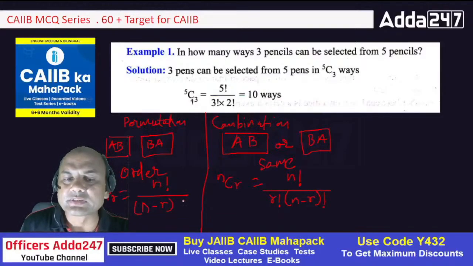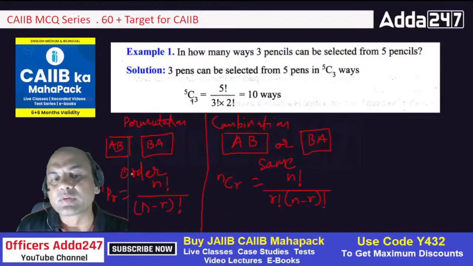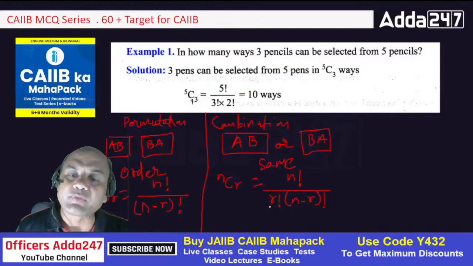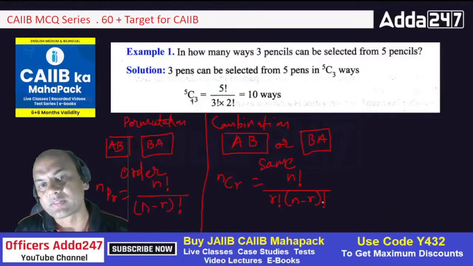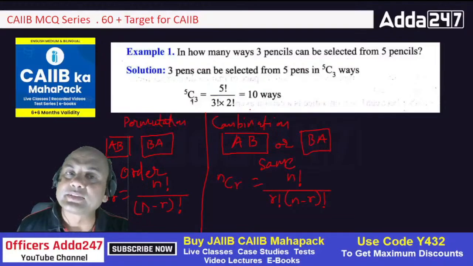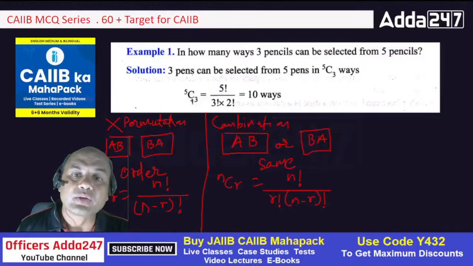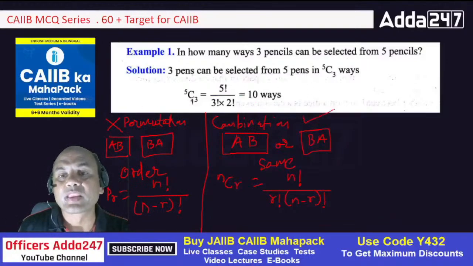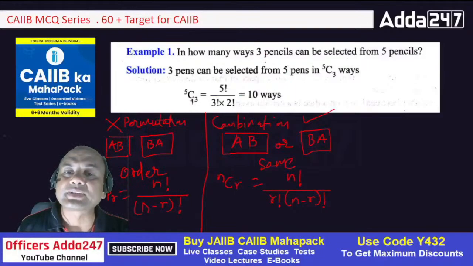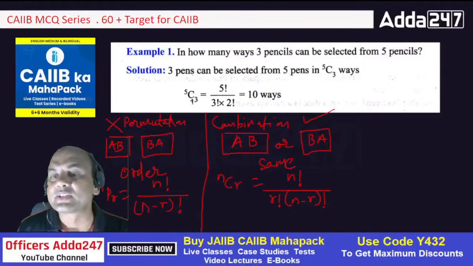Here R factorial is not there. So that's why in CAIIB, importantly remember, you don't have permutation problems. So you are relieved from that. You have combination problems.